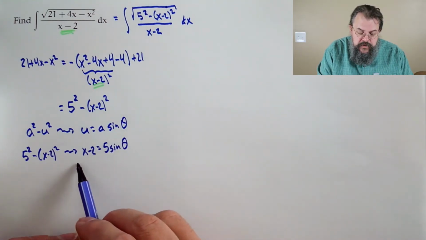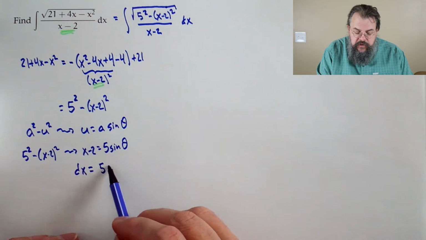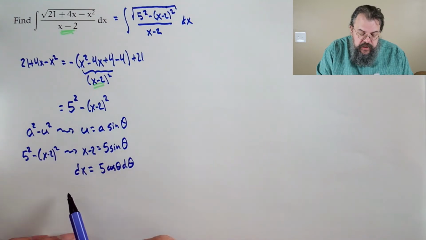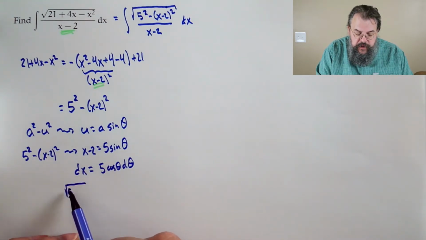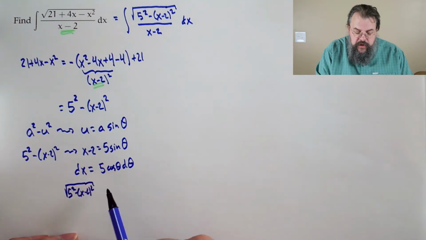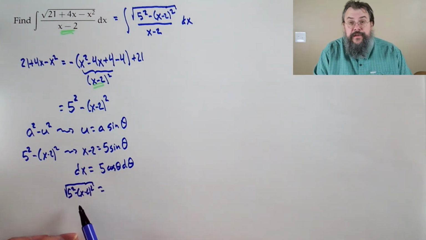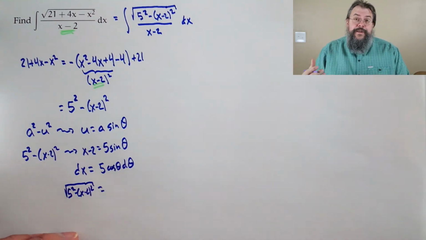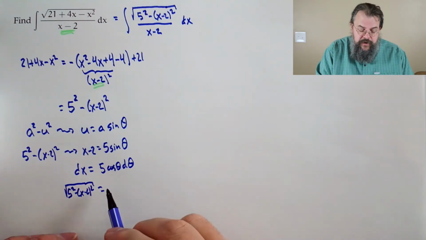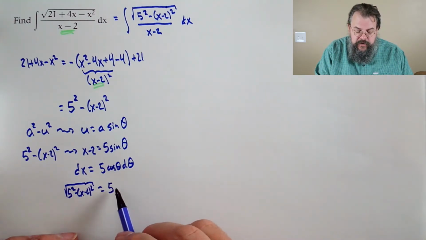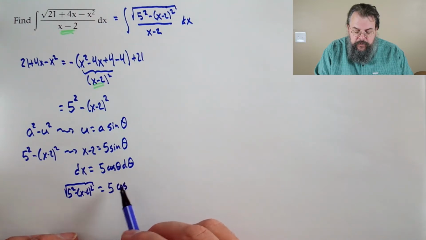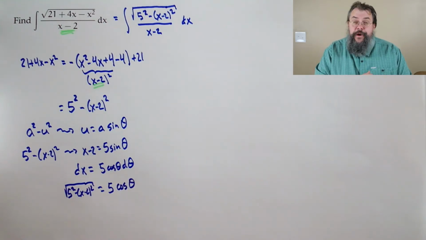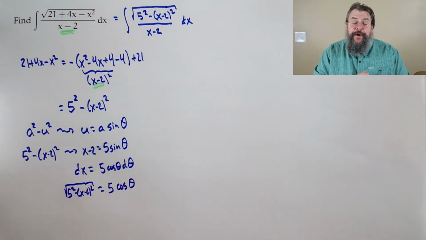Well, so we get dx is 5 cosine theta d theta, and this expression, more particularly, 5 squared minus x minus 2 squared, would be 5 squared minus 5 sine theta squared, excuse me. The 5 squared you can pull all the way out front, and the square root of 1 minus sine squared is cosine squared, and after you take the square root, it just becomes cosine. Okay, so all of our pieces are ready to go.